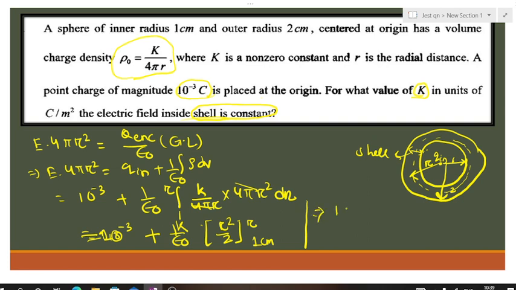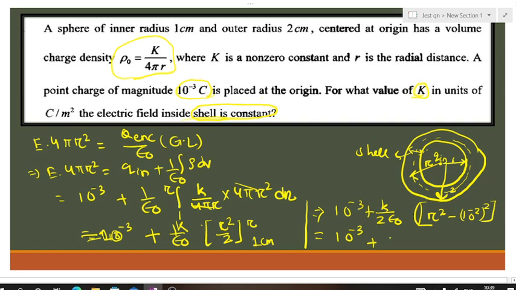So this will be 10 power minus 3 plus K by 2 epsilon naught times r square minus the square of 10 power minus 2 meter, which is equal to 10 power minus 3 plus K by 2 epsilon naught whole into r square minus 10 power minus 4.